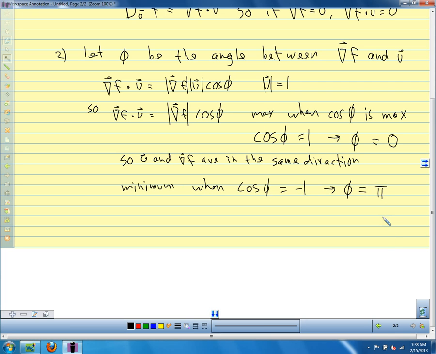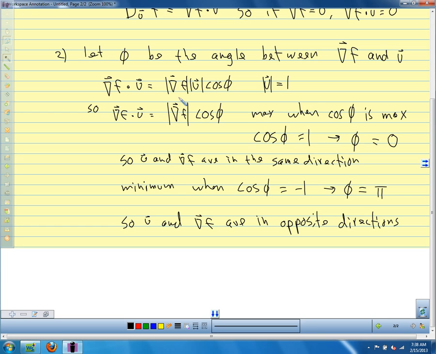So that tells us that for the minimum value, the unit vector and the gradient point in opposite directions. So the minimum value of the directional derivative is in the opposite direction of the gradient. And the magnitude, since our directional derivative is just del f cosine phi, is going to be negative the magnitude of del f.